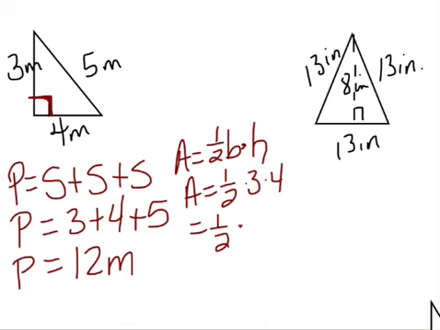So I have 1/2 times 12. And 1/2 times 12 is going to be what? 6 meters squared. Because remember that 1/2, you can make it 0.5 if you want to put it in your calculator. You would just do 0.5 times 12. All right, so that's 6 meters squared.